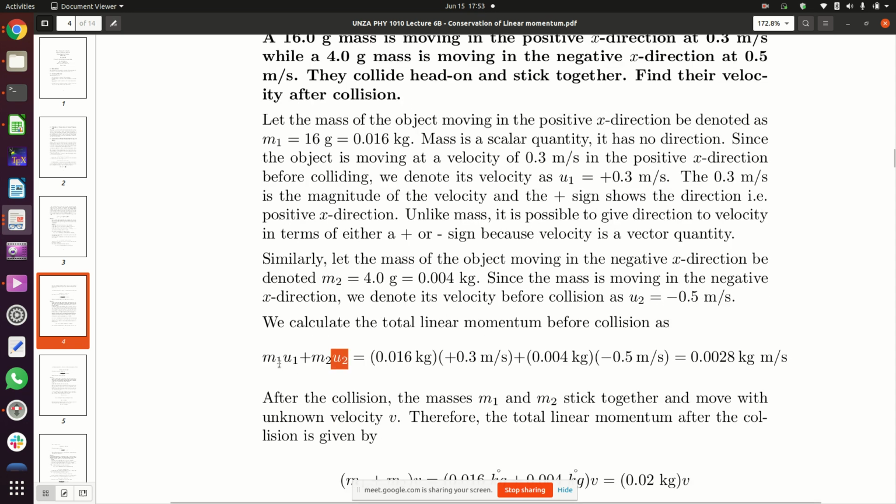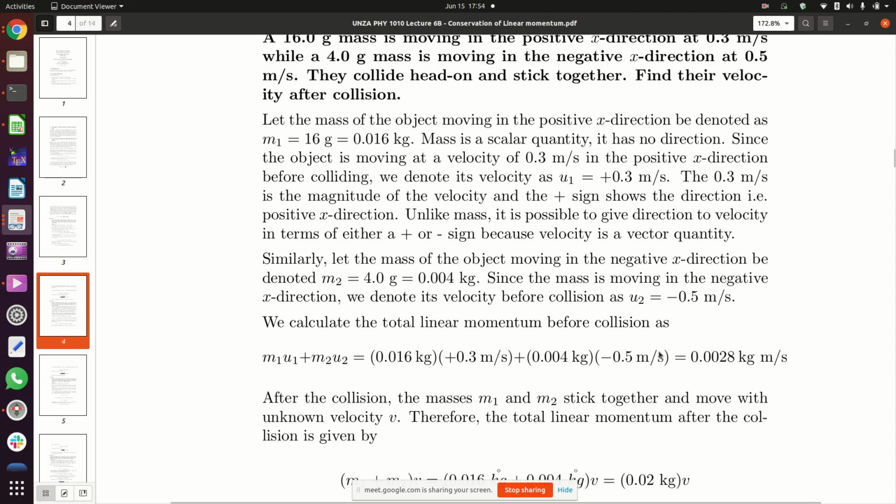So in this case, m1 is our 0.016 kg multiplied by the velocity, which is in the positive direction, plus 0.3 meters per second, then plus m2, which is 0.004 kg, multiplied by the velocity of u2, which is minus 0.05.